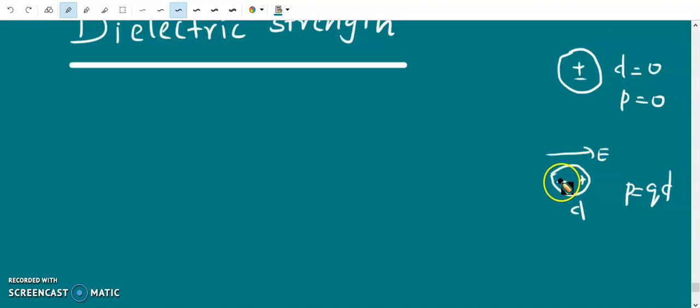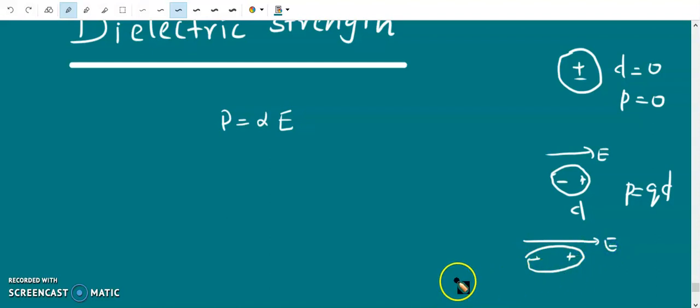Even though there is a separation distance, they are bound together. The electron does not escape from the electrostatic field of the nucleus, and we have seen that P is equal to alpha E. So as the electric field increases, the corresponding dipole moment also increases since the separation distance also increases. So the dipole moment is proportional to the applied electric field.